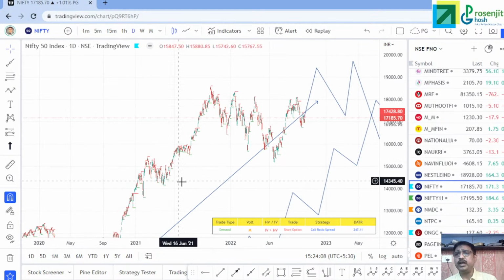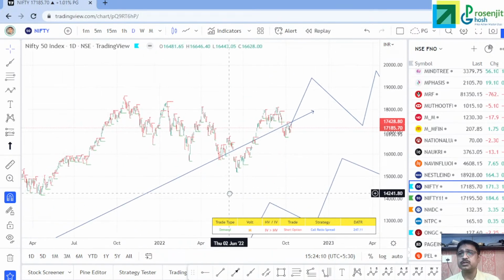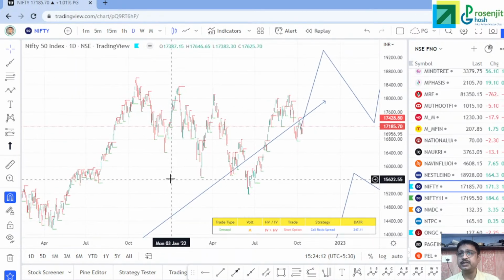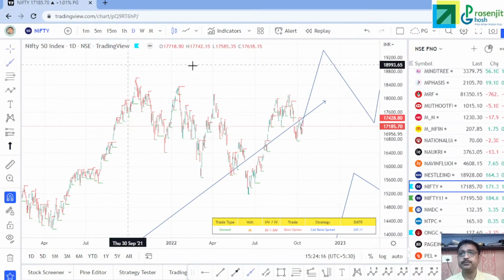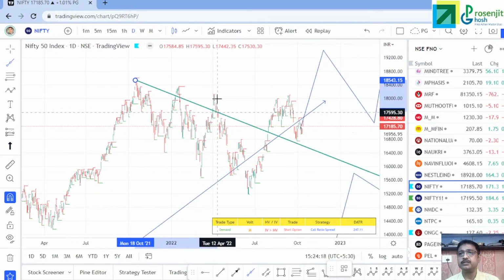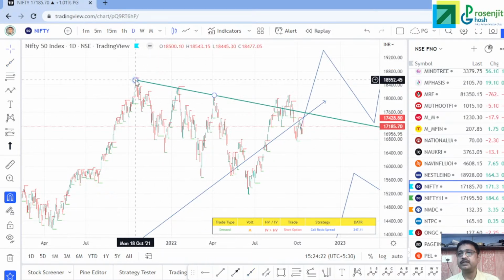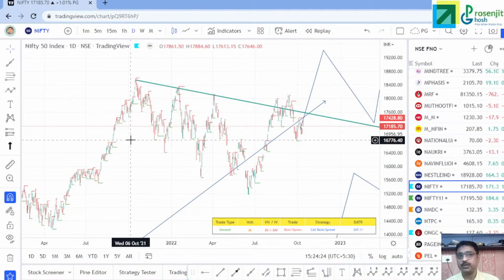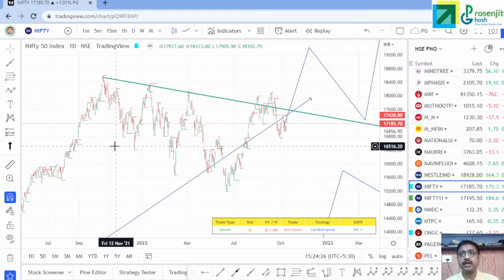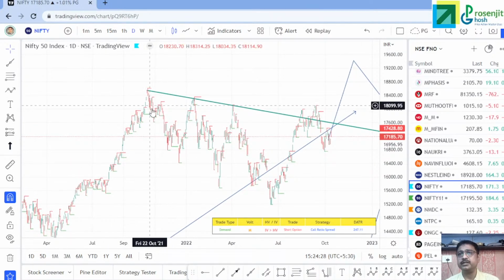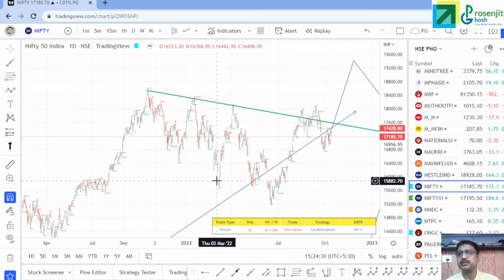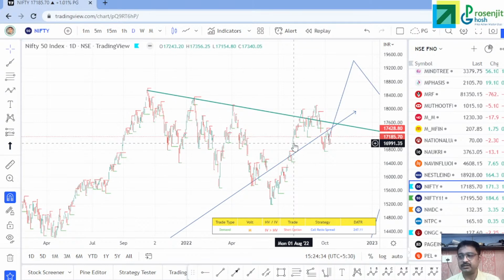Now, when I go very close to the price chart, what I can see here is that price has formed a 3 drive. What is a 3 drive? 3 drives are nothing but 3 equal triangles, I mean, more or less equal. In this case, the triangles are getting bigger and bigger, but that doesn't matter.